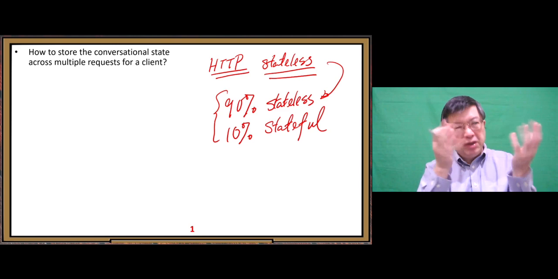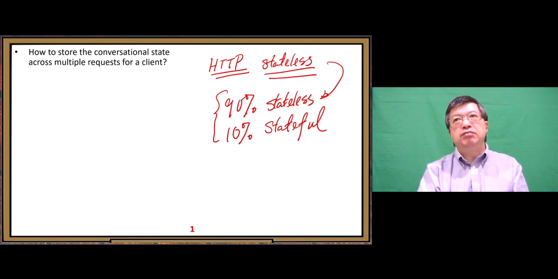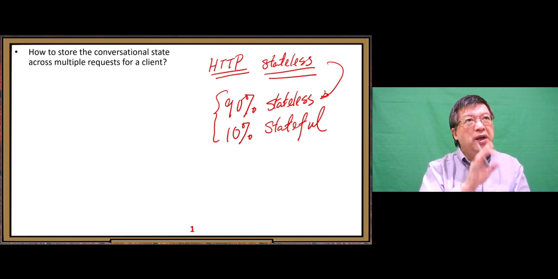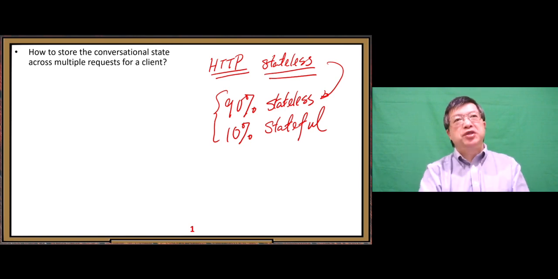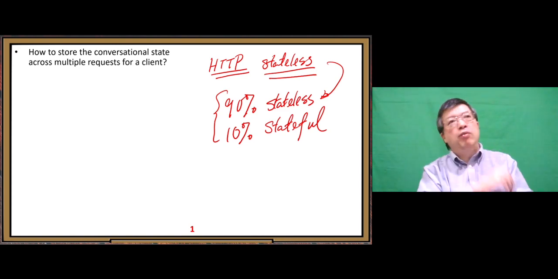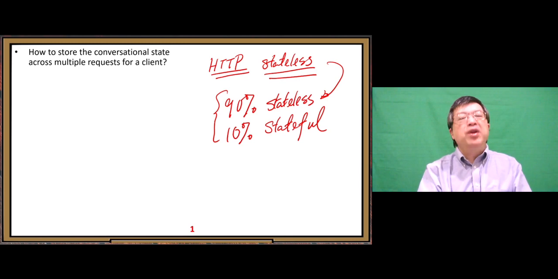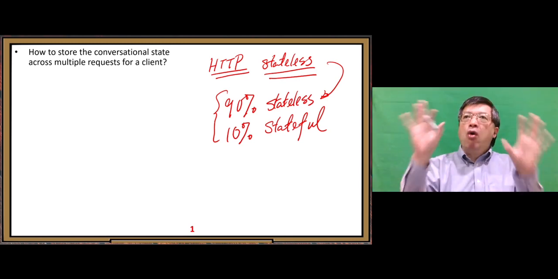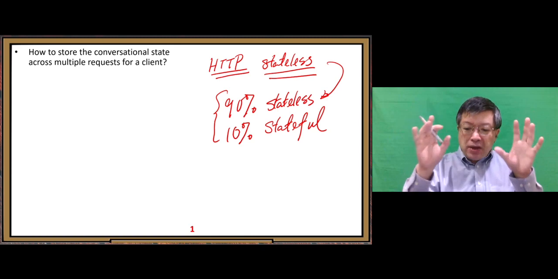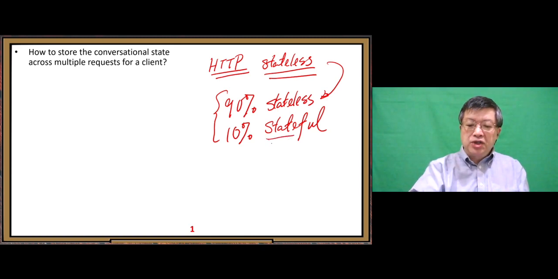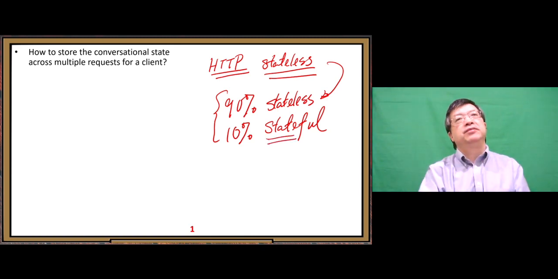Here just some number. It may not be really this number, just give you the idea, the concept. For some very small portion, then we need to spend more resource to maintain users' state information.